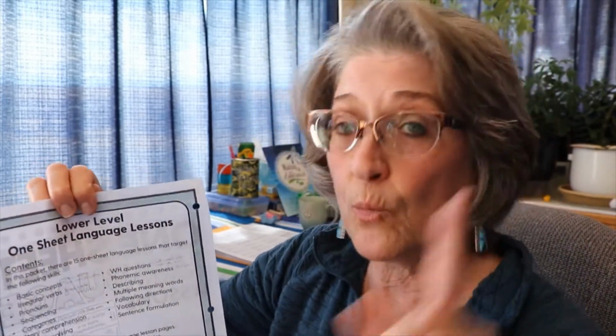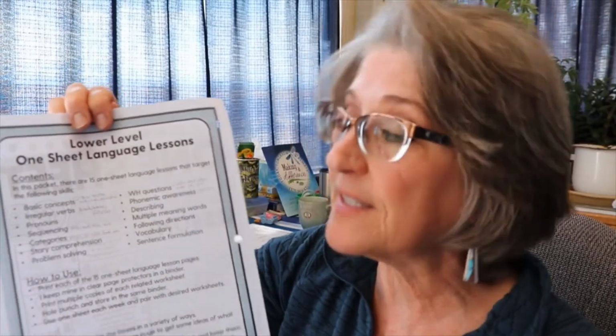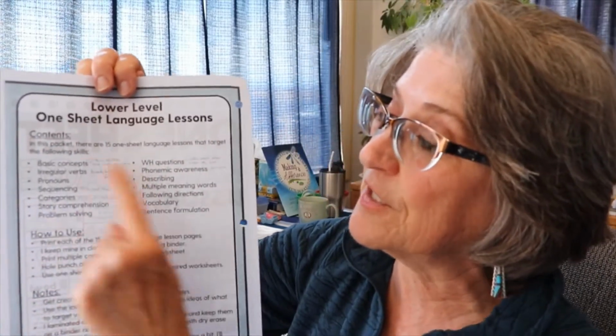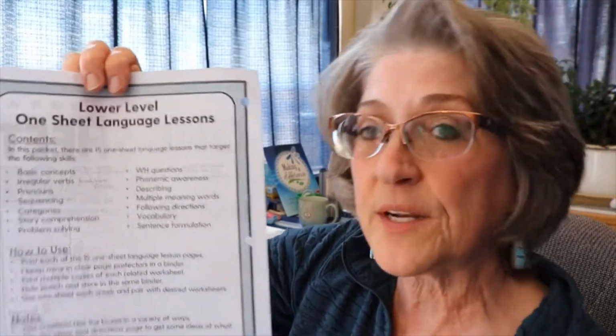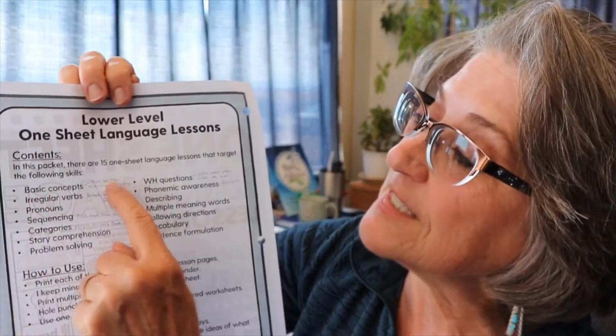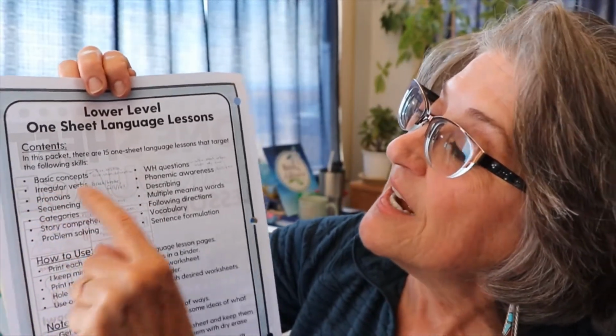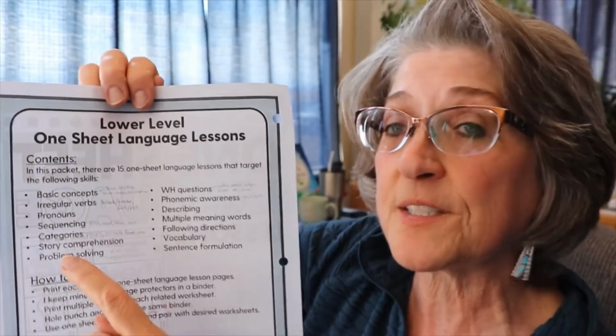This language packet is really chock full of a lot of great activities for your child. And when you've done these, 1 page per week, then you've really covered a lot of territory with it. This is page 2 from the packet, and you can go through and look at what we are covering. We're covering concepts like size, location, shape, words that describe.